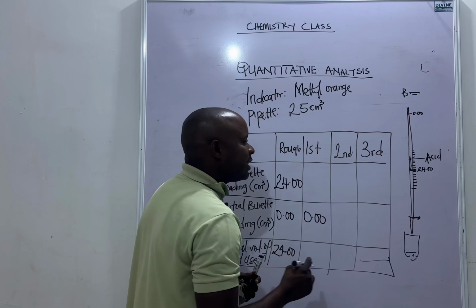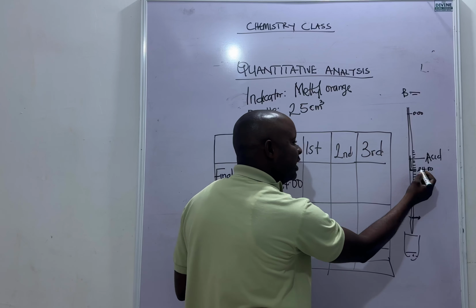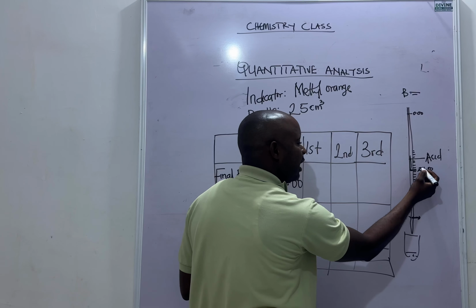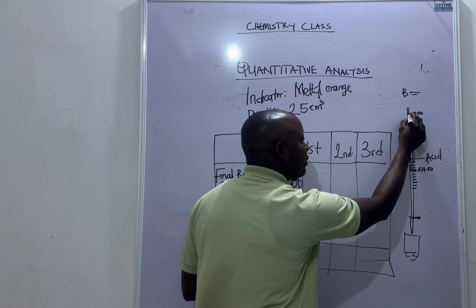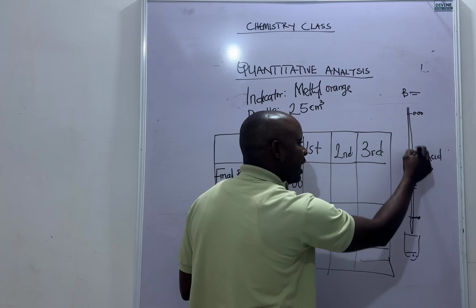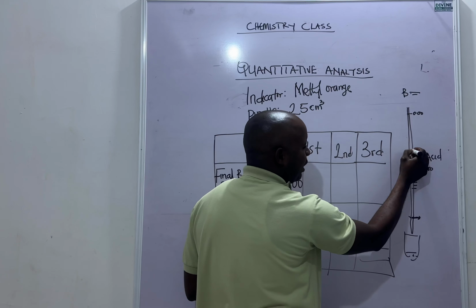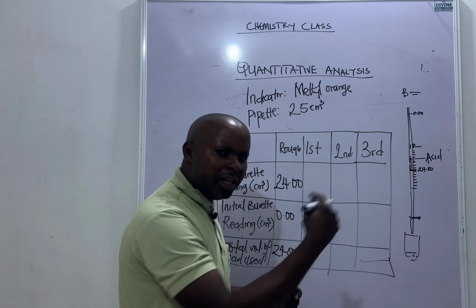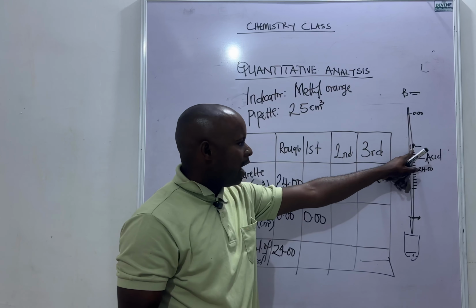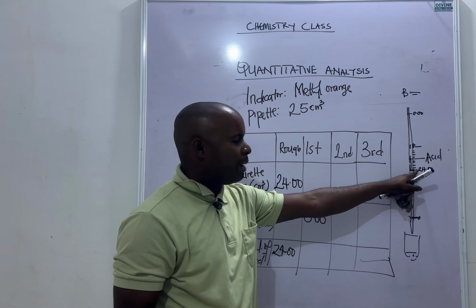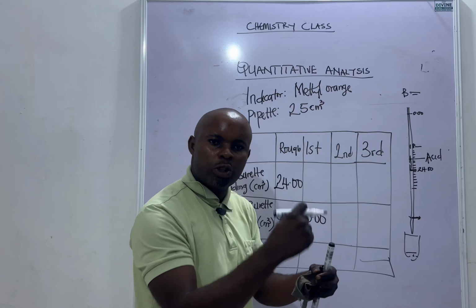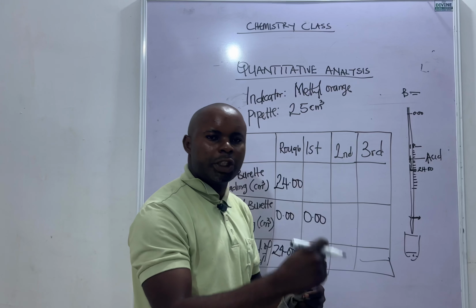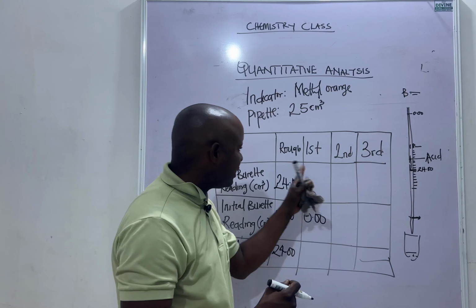In this aspect, I can release this acid to at least 18. I believe that from 18 to 24, there might be a color change. From there, I can be monitoring my color change in my conical flask. So that is the essence of this rough.